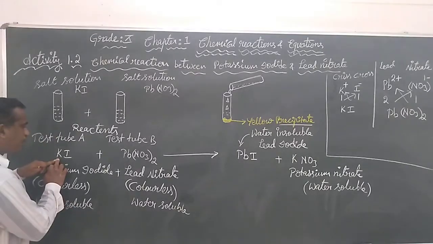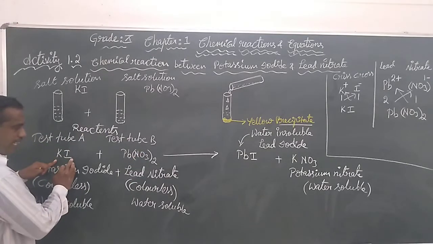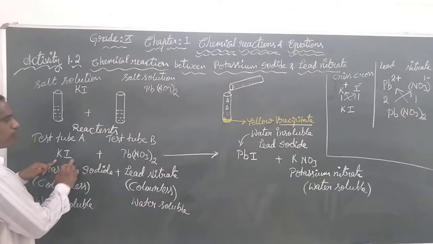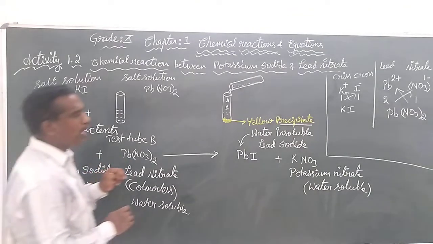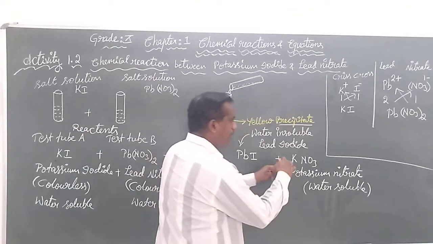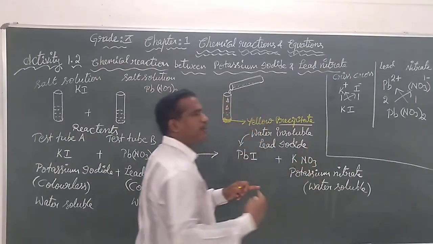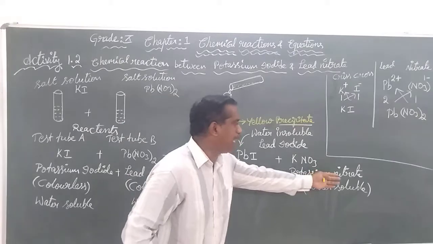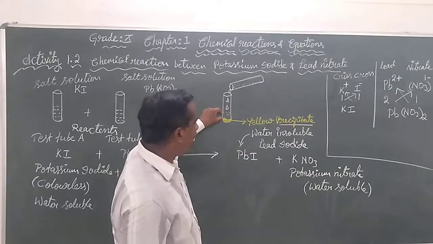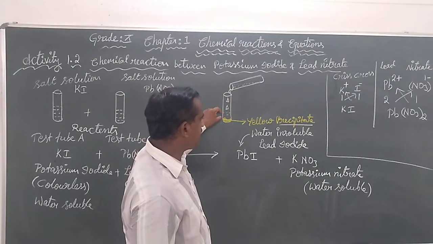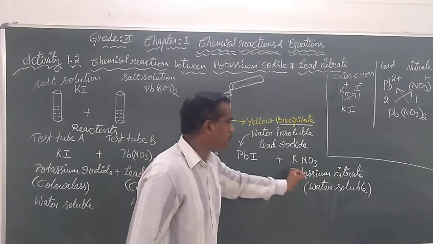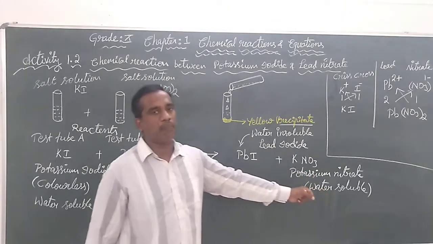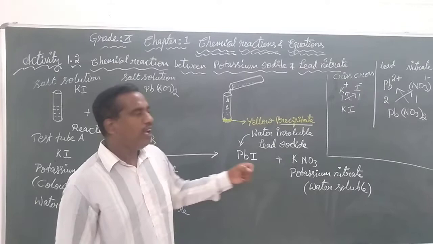Potassium is going to get nitrate in place of iodine. So the potassium now got nitrate in the place of iodine, and it is forming potassium nitrate. It forms at the top. This colorless solution is the potassium nitrate because it is completely water soluble.